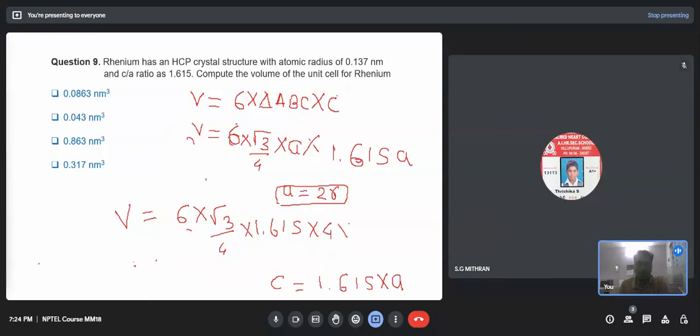So r square value is 0.137 nanometer square. If we calculate the value, we'll get the final answer, option A.